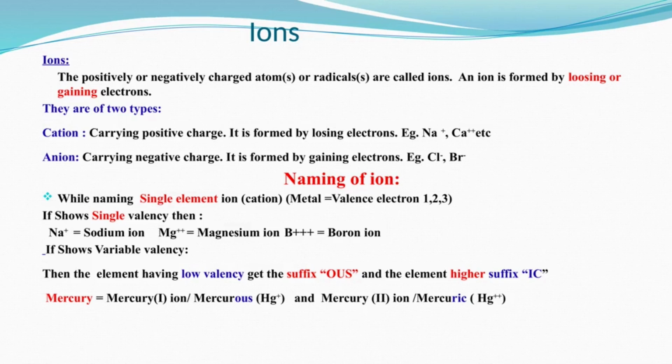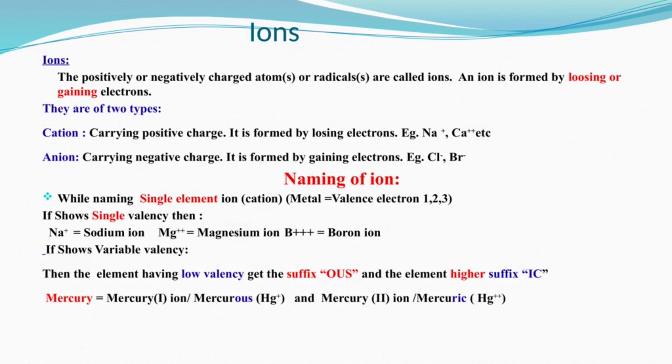Sometimes we will write mercurous oxide, like a compound while forming. You have to understand: iron 2 oxide, iron 3 oxide, ferrous, it may simply say ferrous, or sometimes iron 2 oxide. So you have to understand. Sometimes for mercury, for example, mercury 1 ion, we simply call it mercury 1 ion or mercurous.